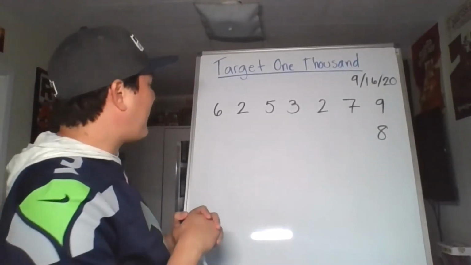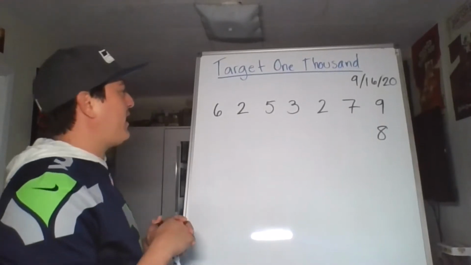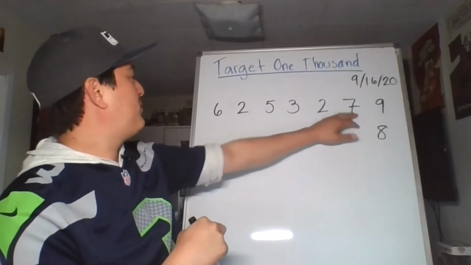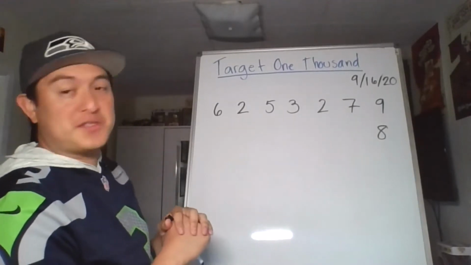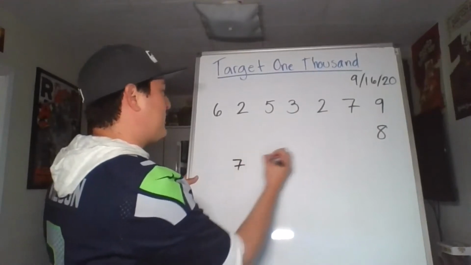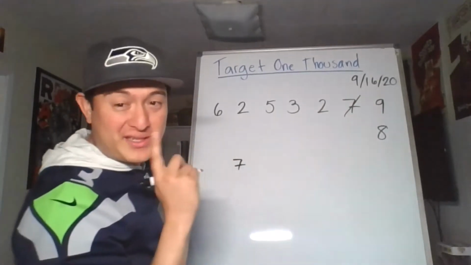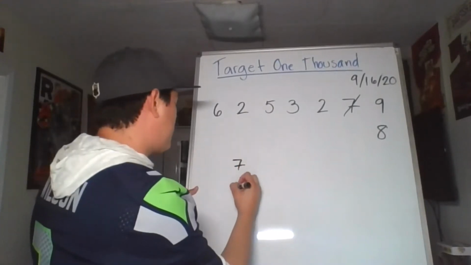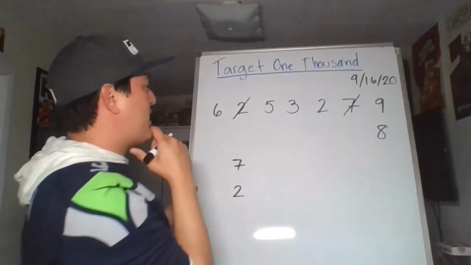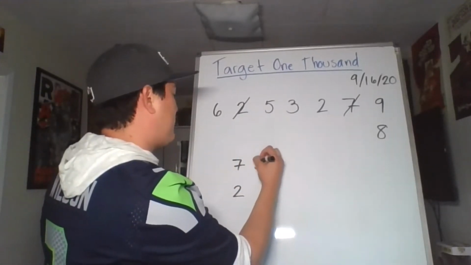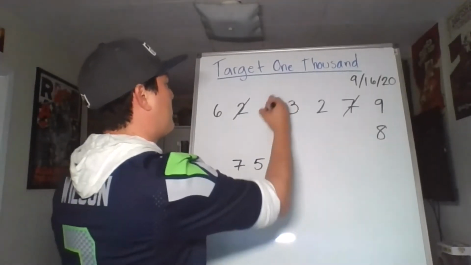So I'm looking at these numbers here, and I know that 700 plus 200 is pretty close to 1000. So I'm going to do 700. I'm going to cross that out because you can only use the digits once. And 200. Okay, so let's do 759.